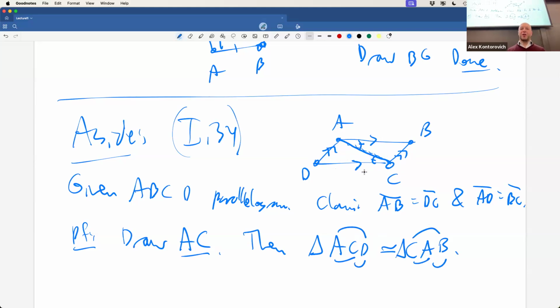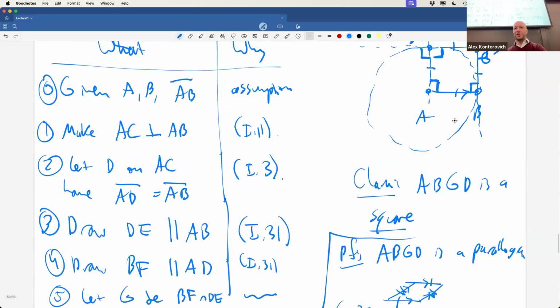This line crosses a pair of parallels, but this line also crosses a pair of parallels. This angle is equal to this angle, which is equal to that angle. You have to do a little diagram chasing to show that you have three angles that are equal and one side in common. So from that, you can conclude that they have equal opposite sides. Does that give a hint to what's going on?